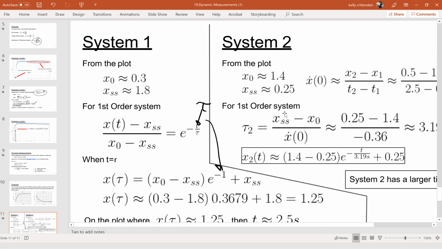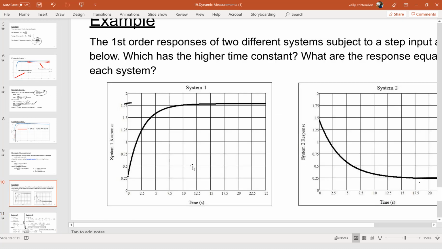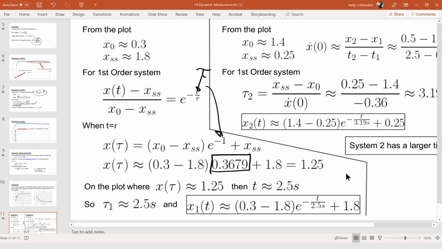E to the -1 is that number, so you can plug that into your calculator, and that lets you solve for a value of x of tau of 1.25. 1.25 is right here. That's really close to 2.5, and that's what they estimate. Tau is about 2.5 seconds.